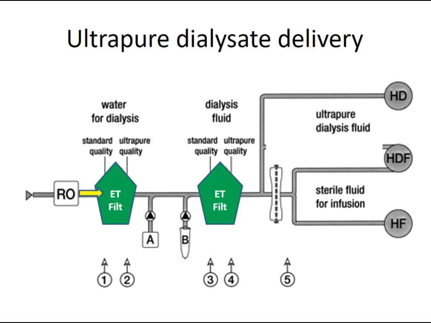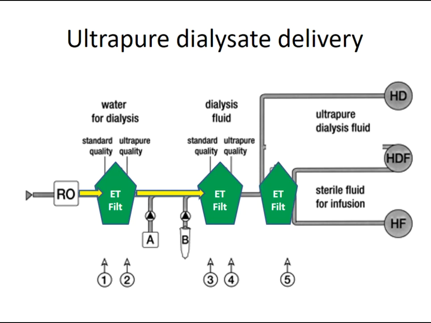When water comes from the RO system and passes through the concentrate, acid and base for mixing, it then has to pass through an endotoxin filter, removing the endotoxins.